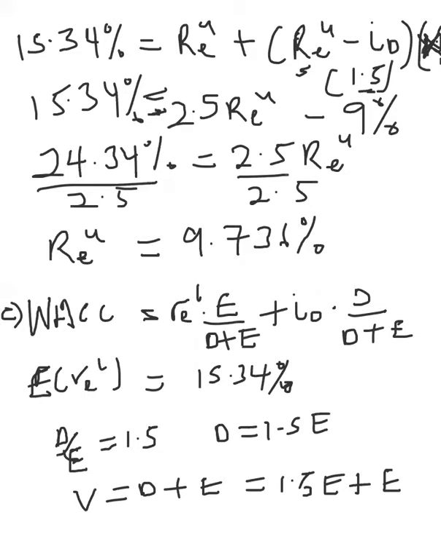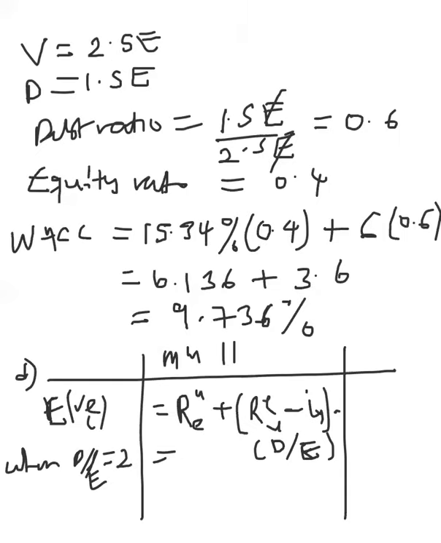So you're going to have 9.736 plus REU minus ID, which is 9.736 minus 6, which is 3.736, multiplied by the debt to equity ratio, which has increased to 2.